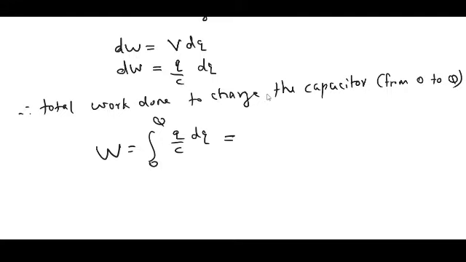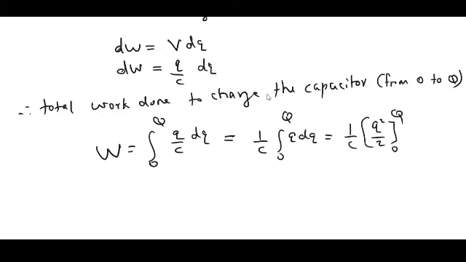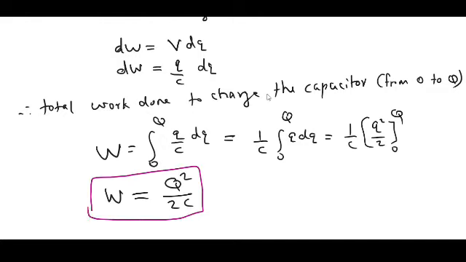This is nothing but 1 by c into integration 0 to q, q dq, that is 1 by c into q square by 2, 0 to q. That is, this W can be written as q square divided by 2c. This is the total amount of work done by the battery.